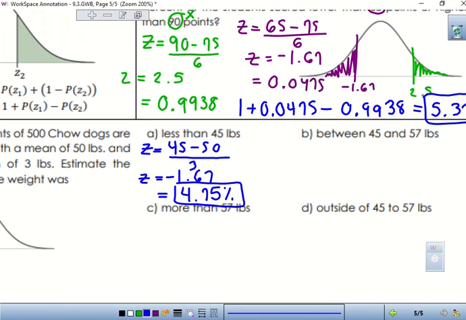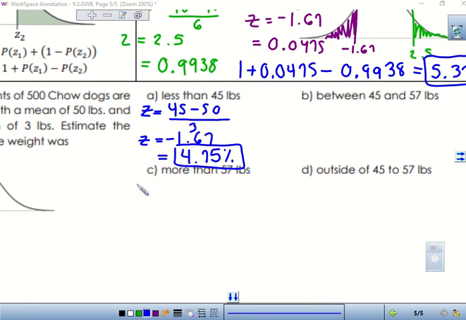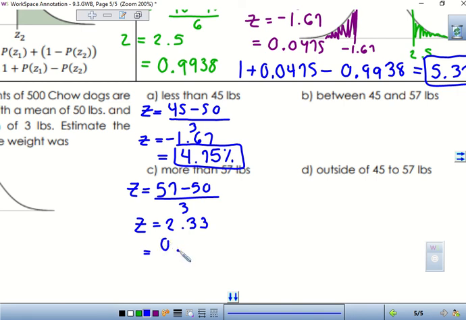C is actually easier. So for C, we're going to do the same thing. We're going to do our calculation. Z is equal to 57 minus 50 over 3, and that gives me Z equals whatever 7 divided by 3 is, 2.33. And if we do that calculation, now the problem is this comes out to be 0.0475.